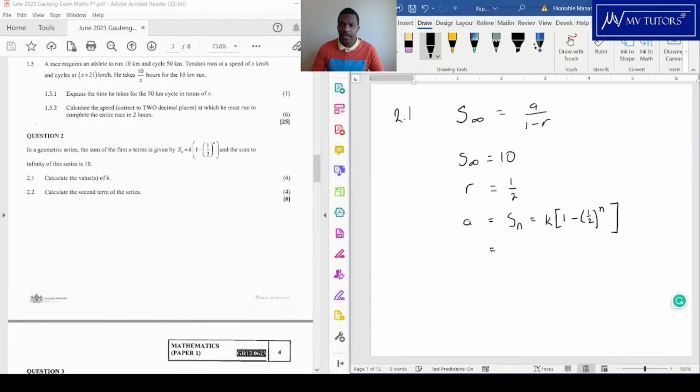Now for a, we have n is 1, right? So then we'll have k, 1 minus a half to the power 1.